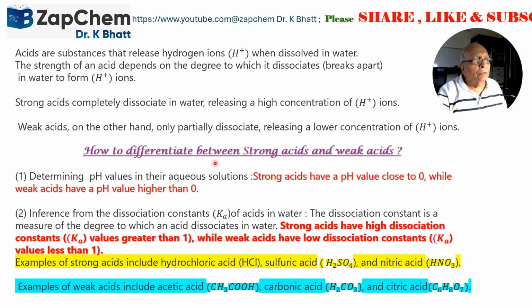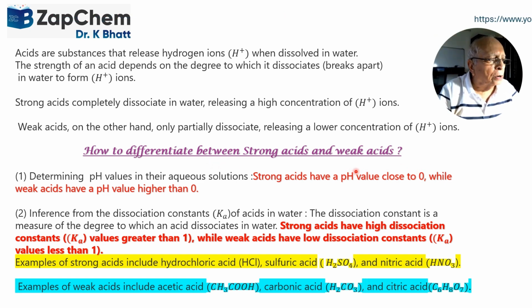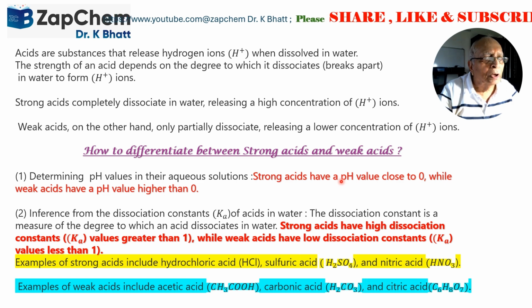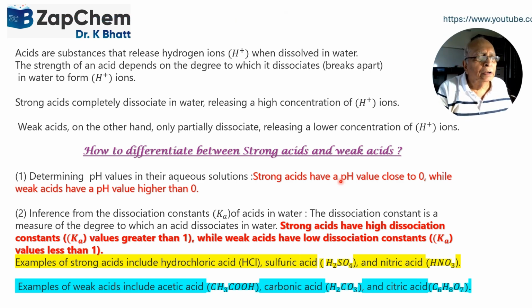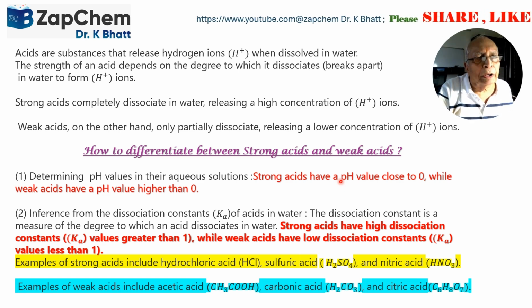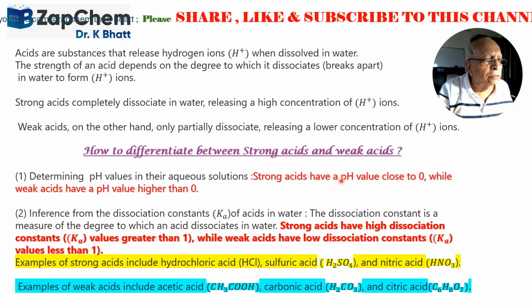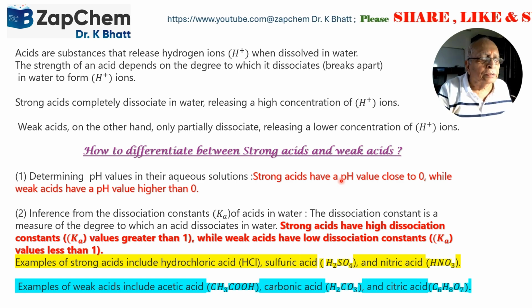Then, how to differentiate the strong acid and weak acid? A number of methods are known to us. The very common method is by way of determining the pH values. Strong acids like perchloric acid, sulfuric acid, nitric acid, hydrochloric acid, hydrogen bromide, hydrogen iodide, they are completely dissociated and they are strong acids.